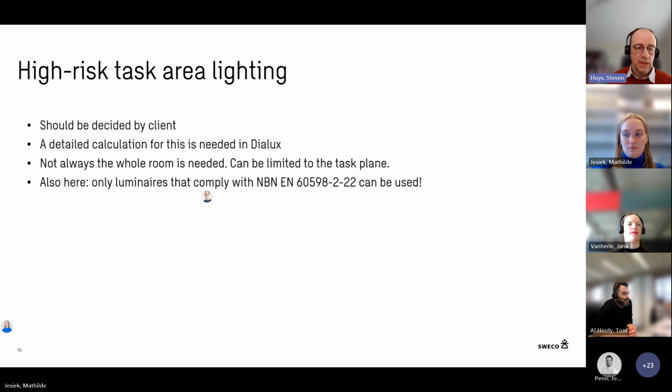So take into account that not always the whole room is needed. It can be limited to the task plane, so the extra cost can be reduced then. And also here, don't forget that you always need to use the fixtures which comply to this standard.